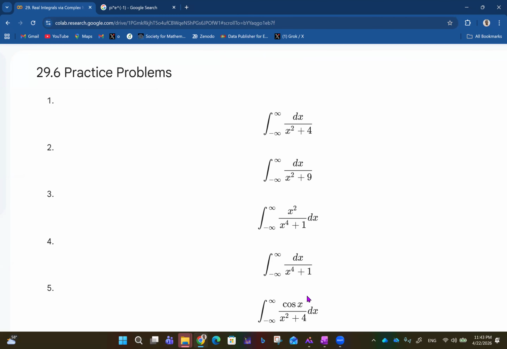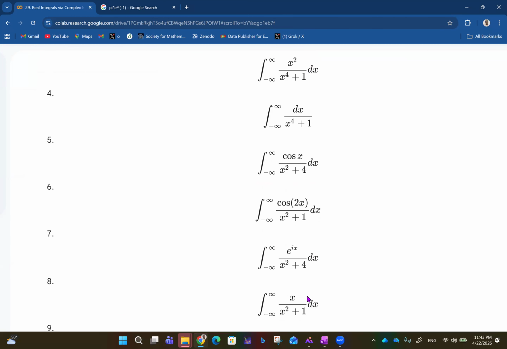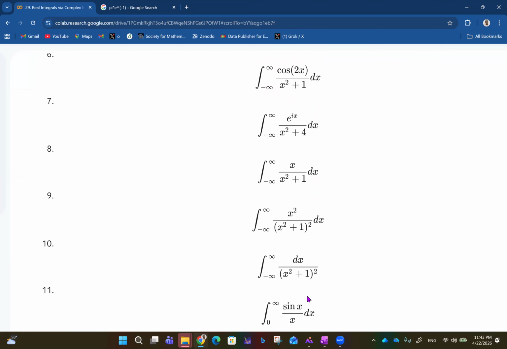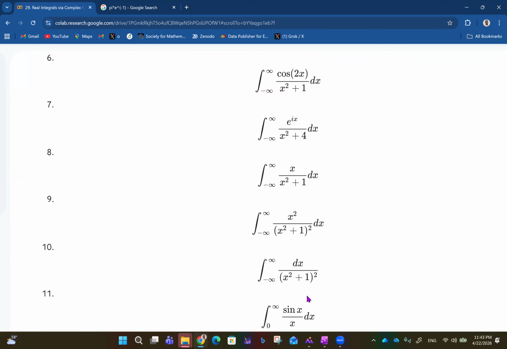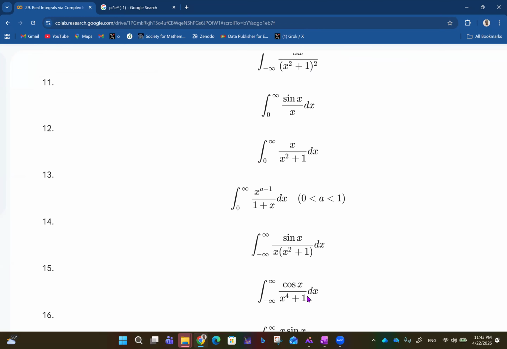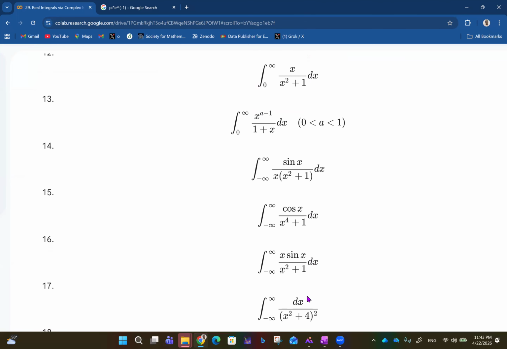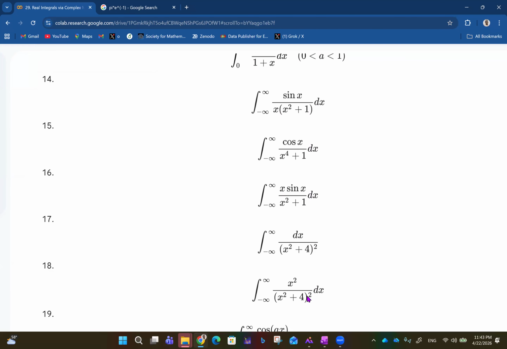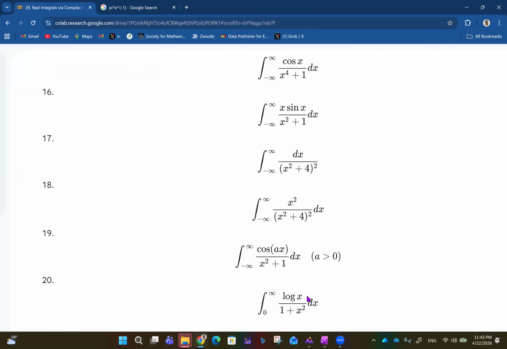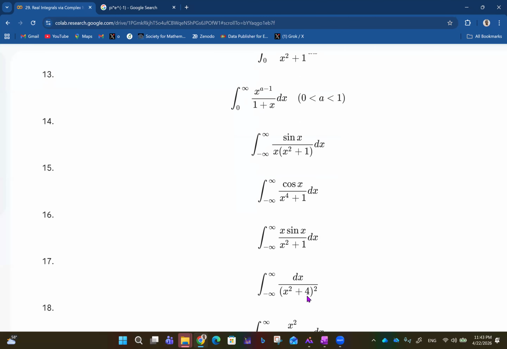I'm going to solve two problems. I'll tell you very soon. So 1 to 5, 6 to 11, then 12 to 17, and lastly I have the rest of them. I'm solving two of these problems, 3 and 10.